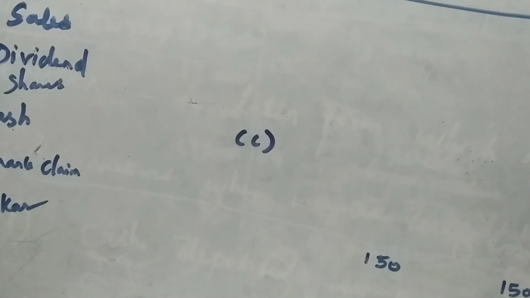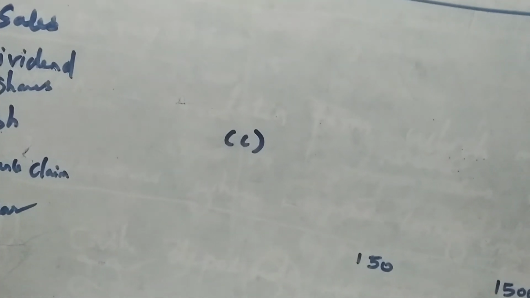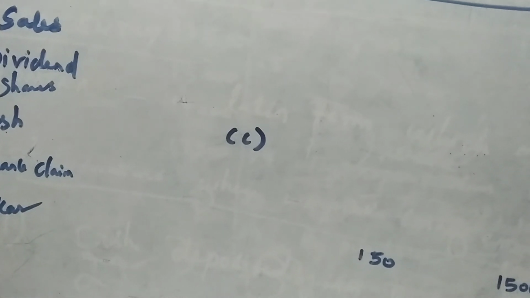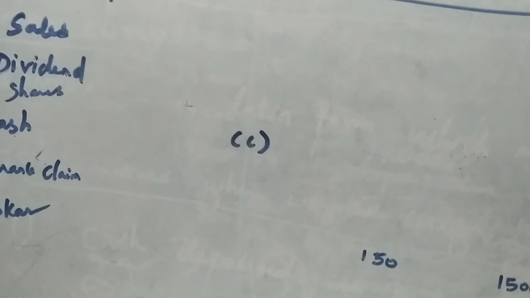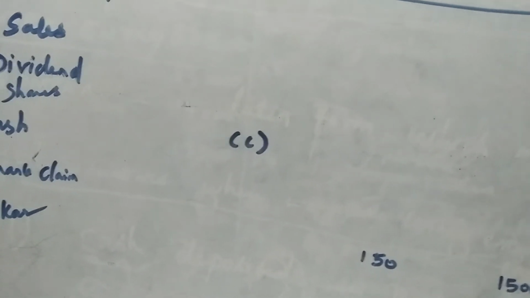So I hope till the 28th transaction it is clear. Now look into the 31st transaction, deposited into bank all cash excess of 18,600. Now we are going to make a rough closing balance for cash.